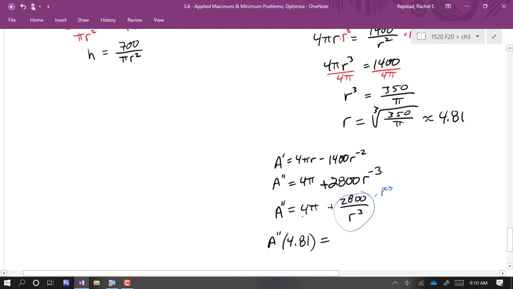And then I'm adding it to 4 pi, which is also positive. That has to be a positive result. So that's positive, which means that r, our value of r, the cube root of 350 over pi, gives a minimum.